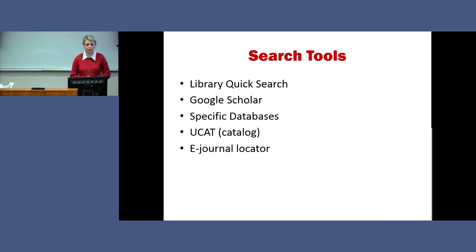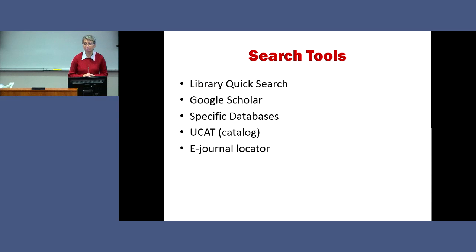The first one is called Library Quick Search, which you will see on the library website, which is a meta search tool, or we call it discovery tool, that allows you to look at the vast majority of full text content at the library, which includes the majority of our journals, books, e-books, government documents, and many other types of content.